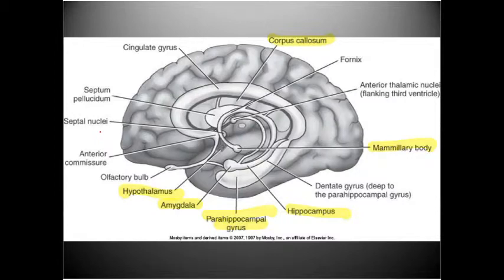So this image just shows you what we're actually looking at. We have corpus callosum, the hippocampus, the medulla, parahippocampal gyrus, hippocampus, mammillary bodies.